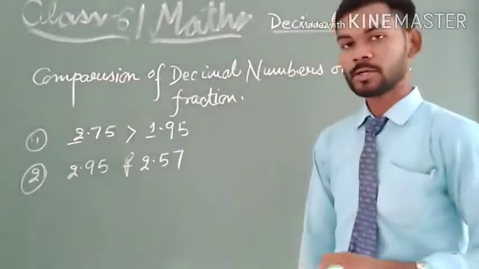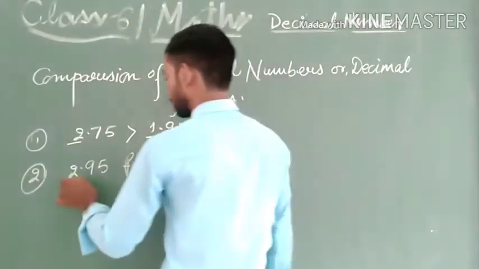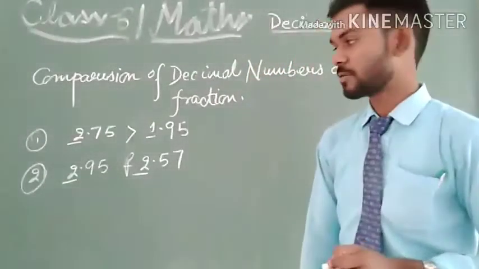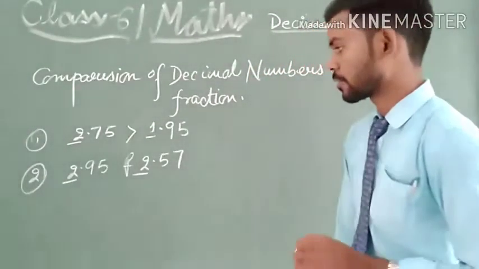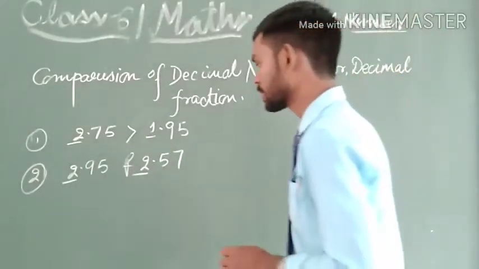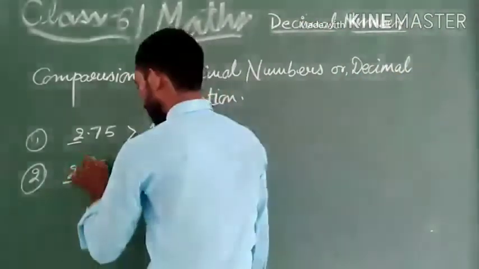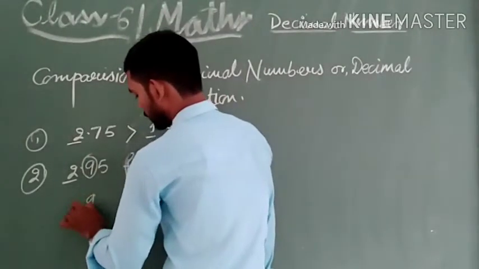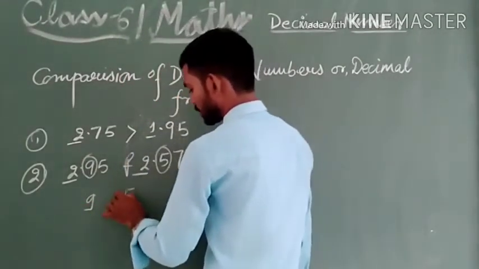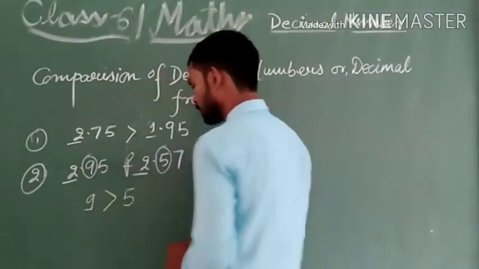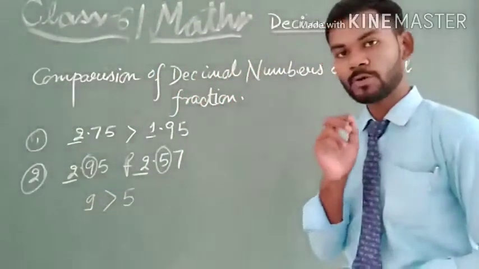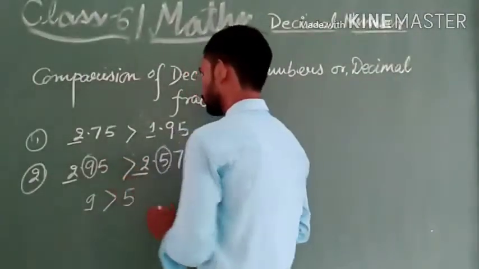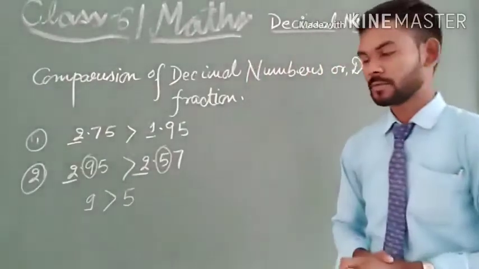Here the whole parts of both numbers are equal, so we cannot tell which one is greater. In order to compare them, we see the first digit at the tenth place. Here we have 9 in the first and 5 in the second, and hence 9 is greater than 5, which proves that 2.95 is greater than 2.57.